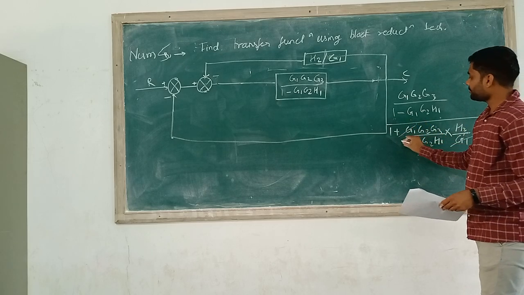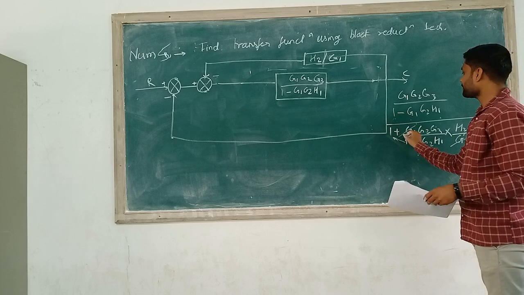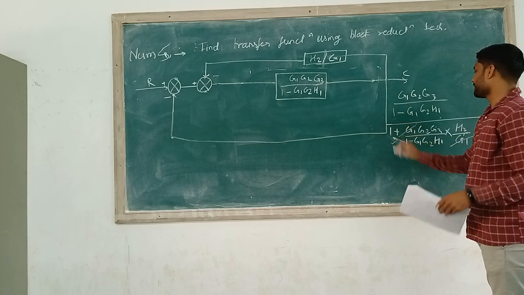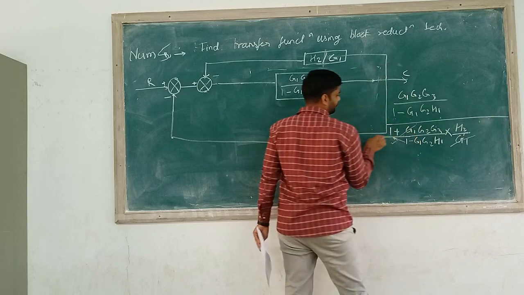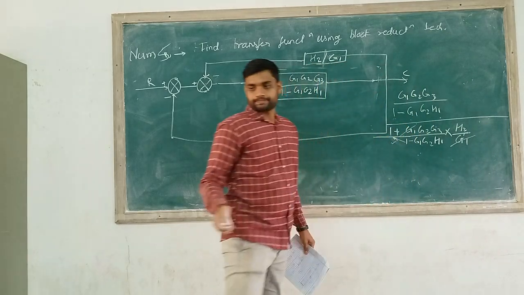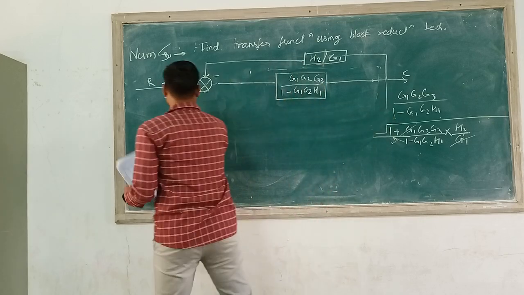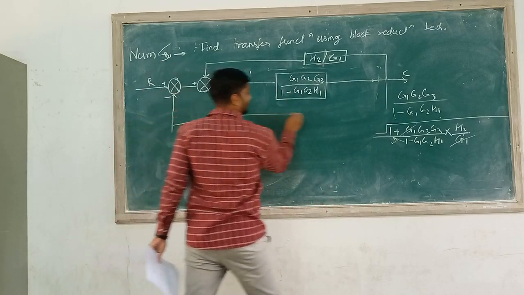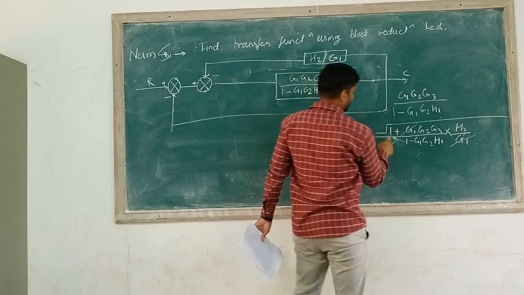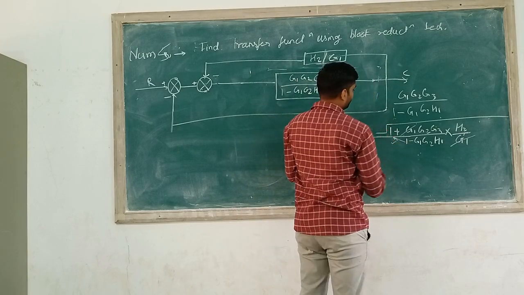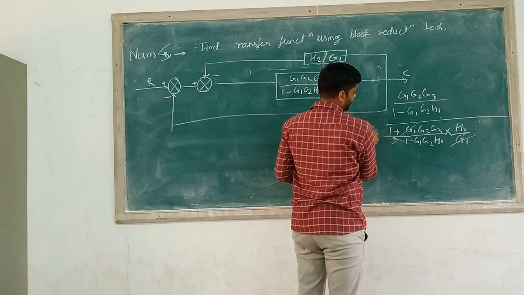Okay, and now we are going to make a cross multiplication here for making the plus. Okay, so here we are. Now we are going to make a cross multiplication here.